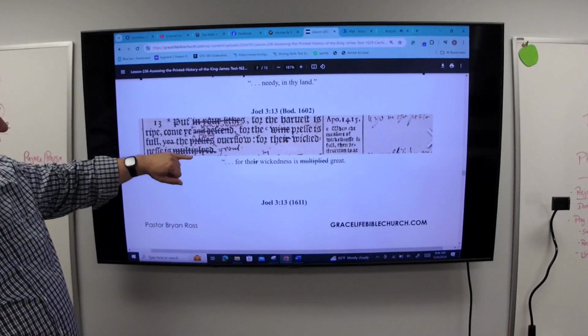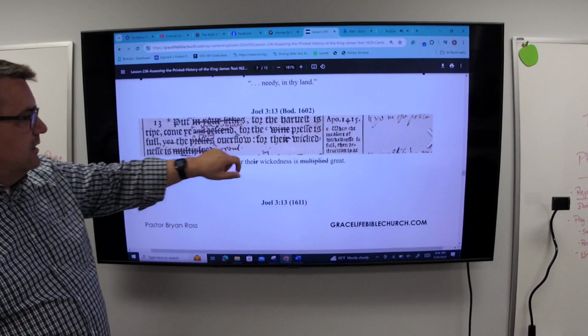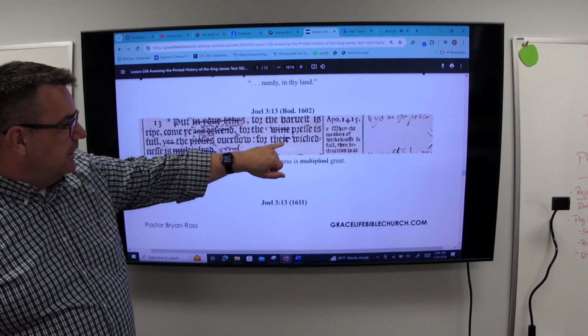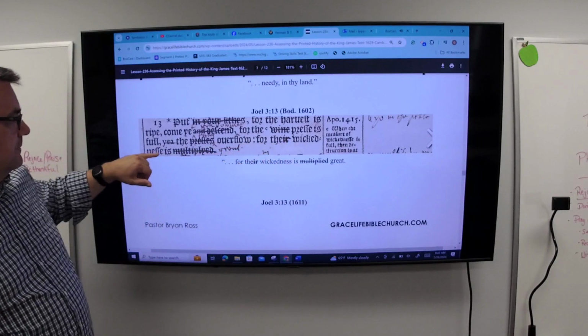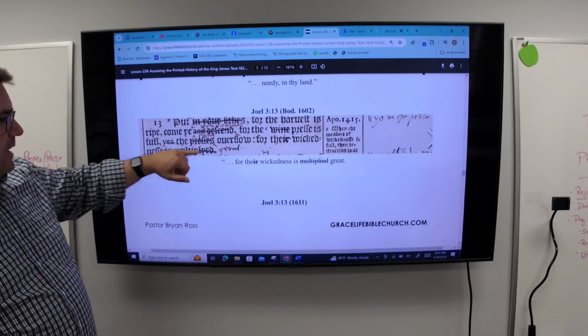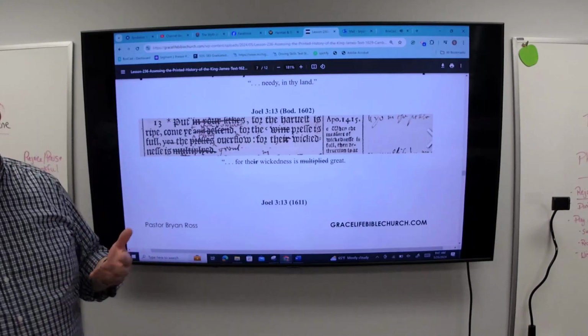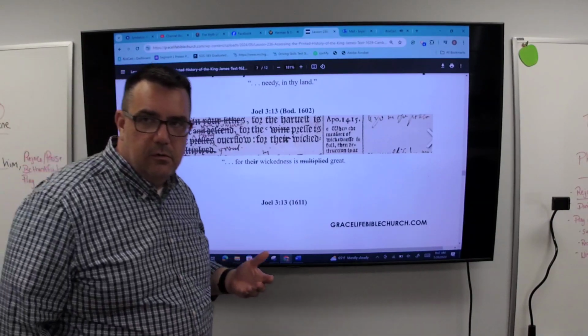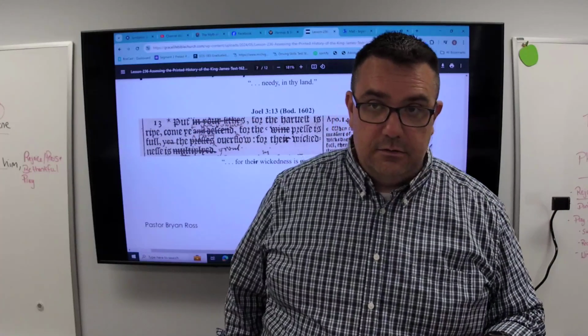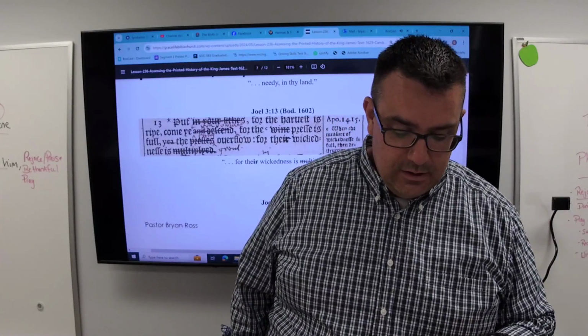So we're talking about this clause at the end of the verse: for their wickedness is multiplied. Multiplied is taken out, great is inserted. So everybody see that? Yes? No? Maybe so?